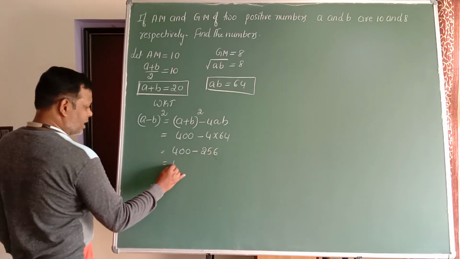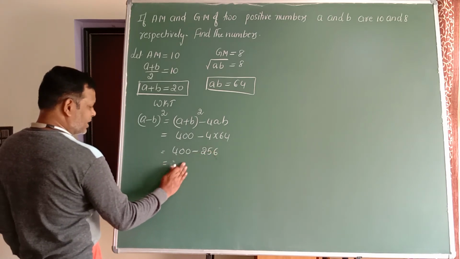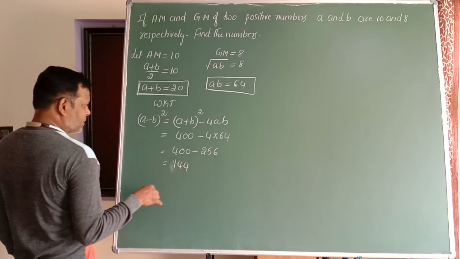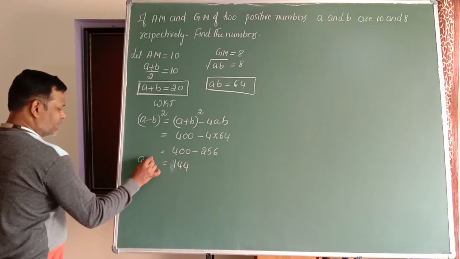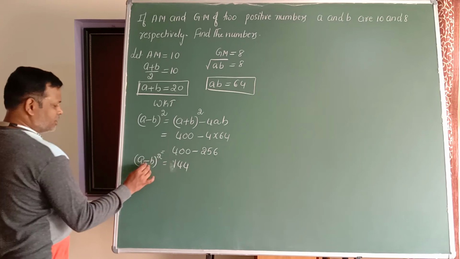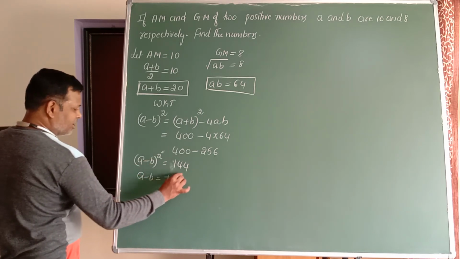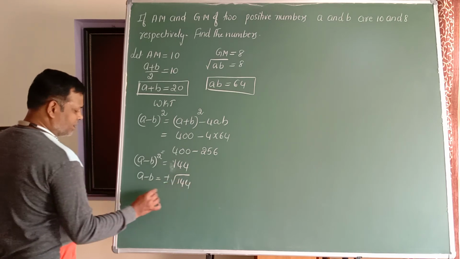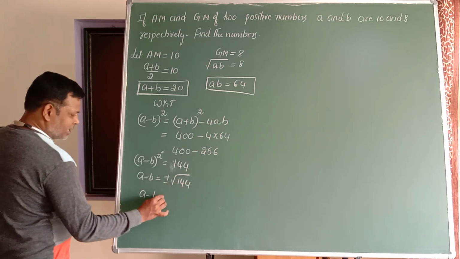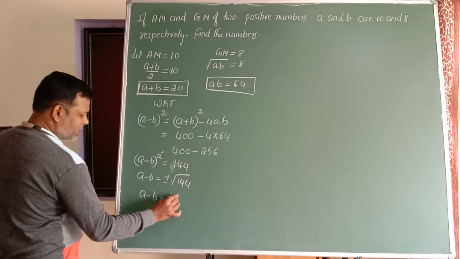Then 400 minus 256 becomes 144. So (A minus B) whole square is 144. We want A minus B, that is equal to plus or minus root 144. Therefore, A minus B is equal to plus or minus 12.